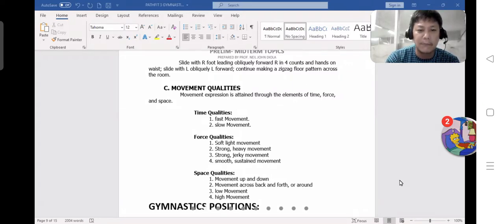We have the soft and light movement. One sample of soft and light movement is what you mostly see in ballroom dancing, the standard dance sport, soft and light with grace that needs proper facial expression. While the strong and heavy movements, guys, you usually see in modern dance.